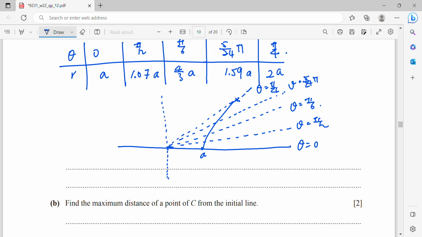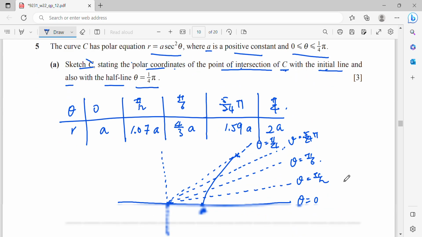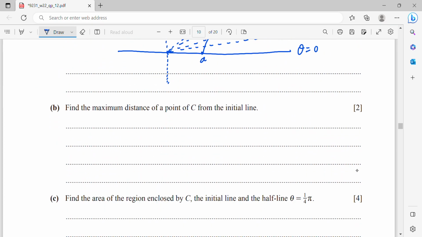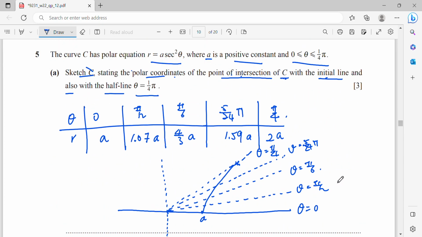Okay, so now part B, find the maximum distance of C from the initial line. Wait, we have sketched C. Now you need to state the points of intersection of C with the initial line.